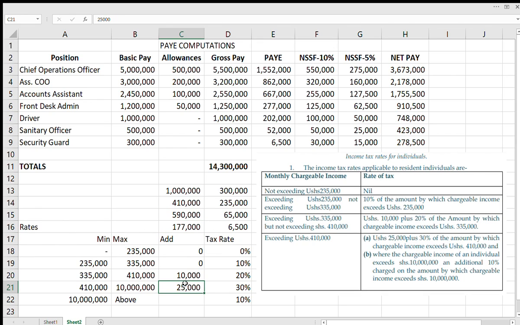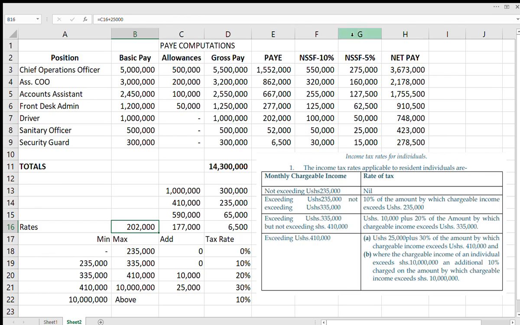But they are telling us that on this amount we need to add back 25,000 shillings. So let me just do it on the side here: equals 177,000 shillings plus the 25,000, to see how much pay as you earn this person has to pay.